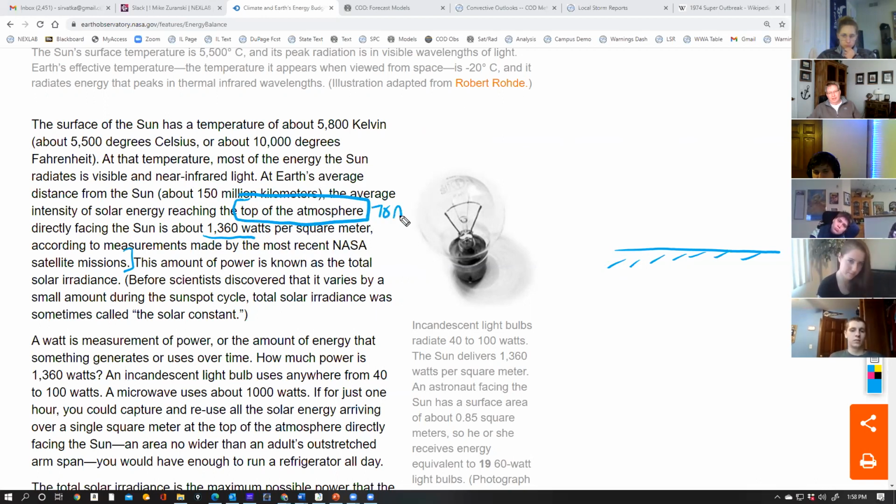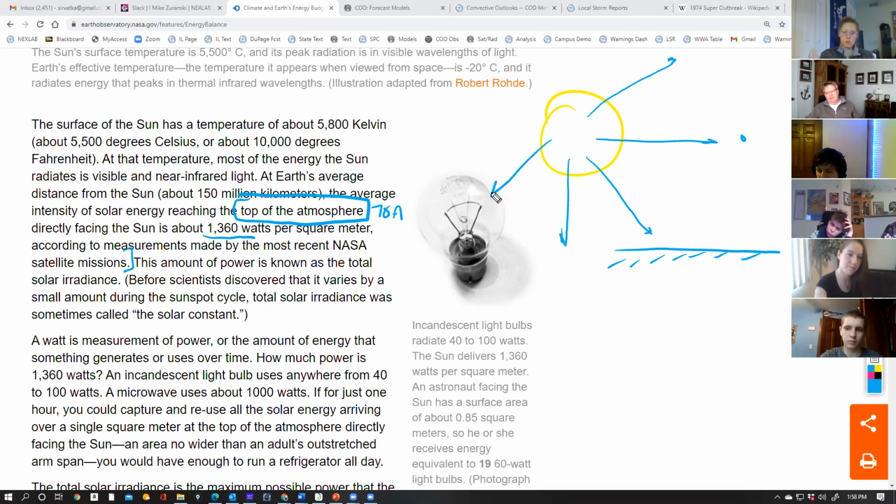Remember I gave you this the other day? And that's because here's the sun. The sun is really big, and the Earth is over here really small. And the radiation is going out from the sun equally in all directions. What's the word? Isotropically.